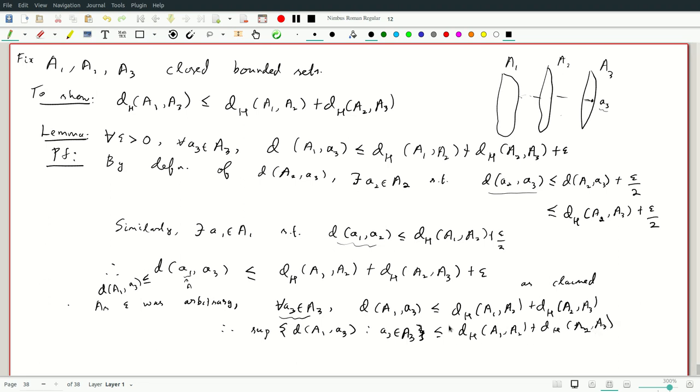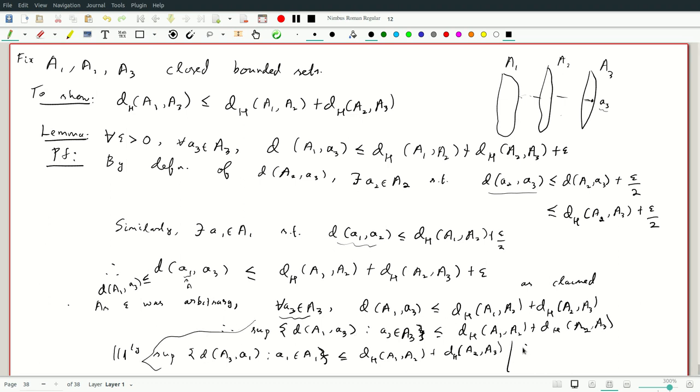Now that we have both these inequalities, well, we are almost done, because, just to squeeze it into this line, we can reverse the role of A1 and A2. So if we look at distance between A3 and A1, over all A1 in A1, this supremum is less than or equal to the same sum dH of A1 A2 plus dH of A2 A3, and the Hausdorff distance is the maximum of these two suprema.